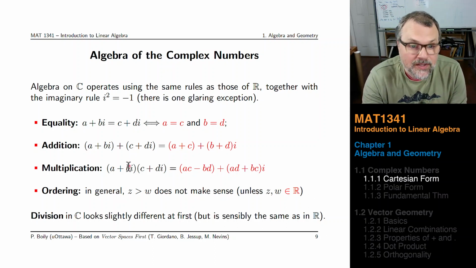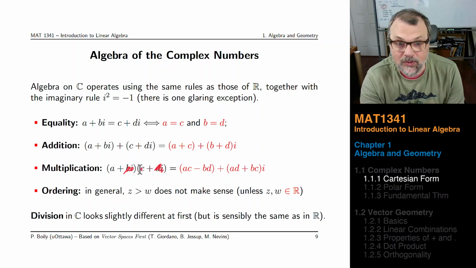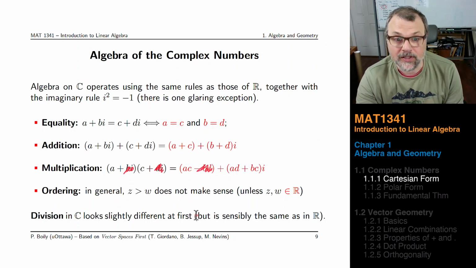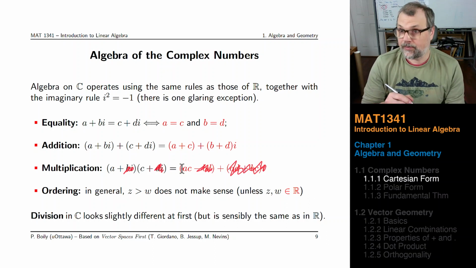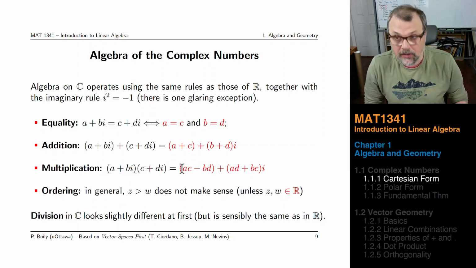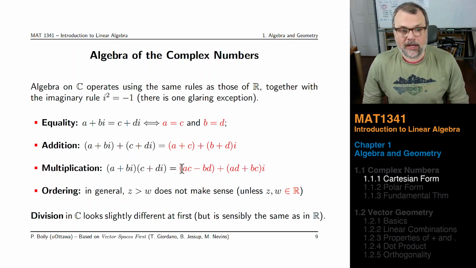If b is 0, this is gone. And if d is 0, this is gone. And the product would just be a times c, which is ac. These things would disappear, b times d, because it's 0 times 0. And b is 0, this disappears as well, and you're left with ac. So when you restrict yourselves to the right subsets, the rules you're familiar with still apply.